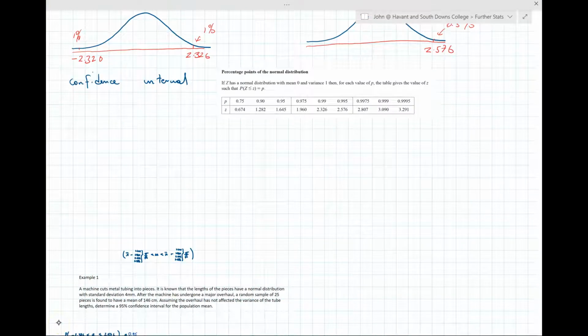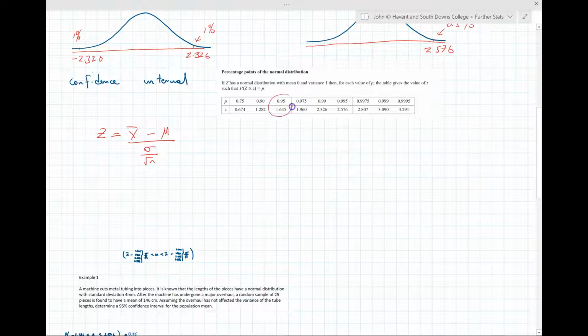We're going to do a few examples in a minute, but before we do, just talk about the general strategy. I've said that we want to transform to the Z distribution, and we can use this transformation. Okay, well, let's just do it for a particular case.